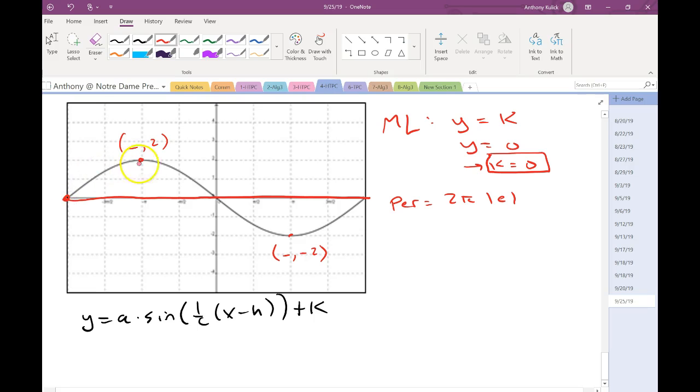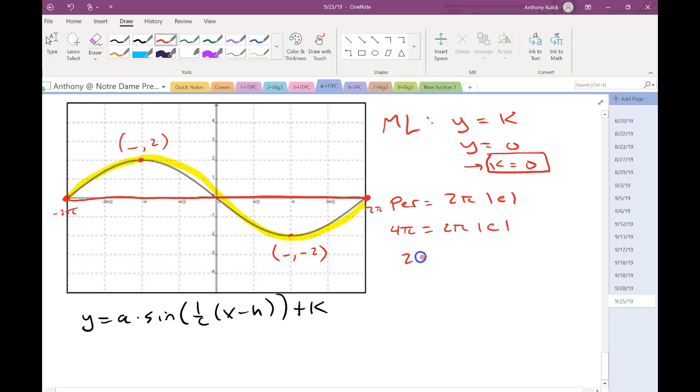So we started here, and then we did all the way to here is the full up and down. Does everybody agree with that? So if I look at the label, this is negative 2 pi is here, and positive 2 pi is here. So the period is 4 pi.